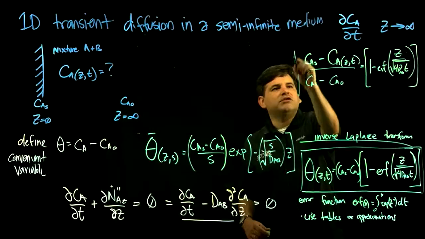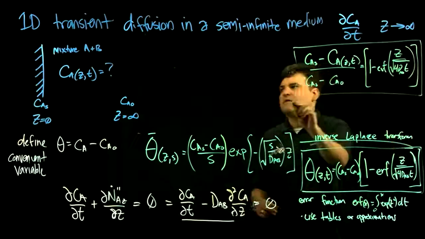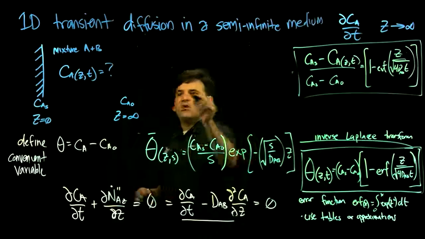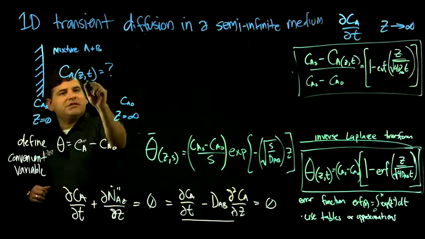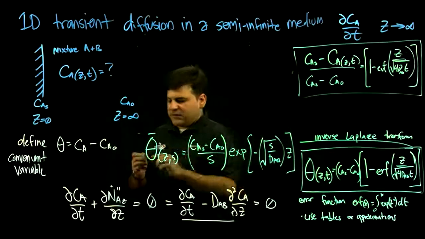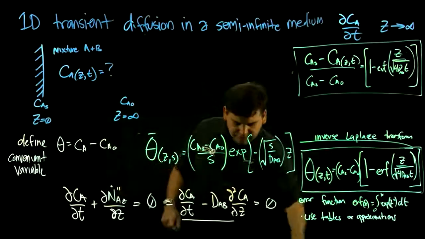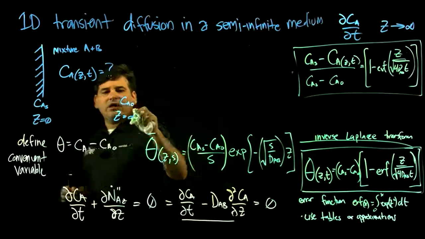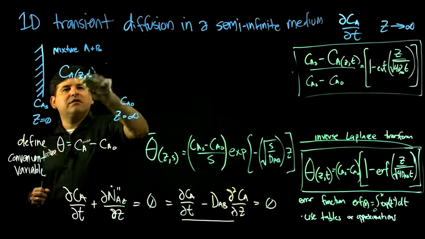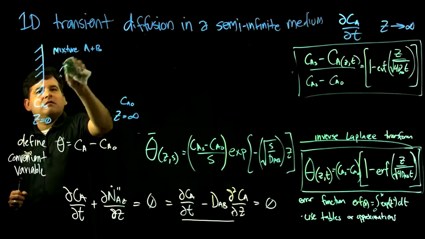So this is our solution here. This is what we wanted. This equals this here. It depends on the error function. Okay, now we can actually fill this in. How does this look?